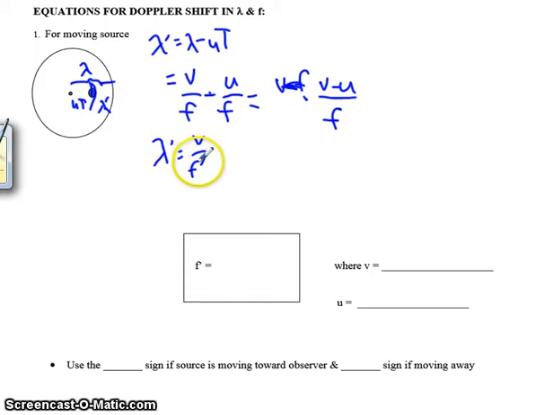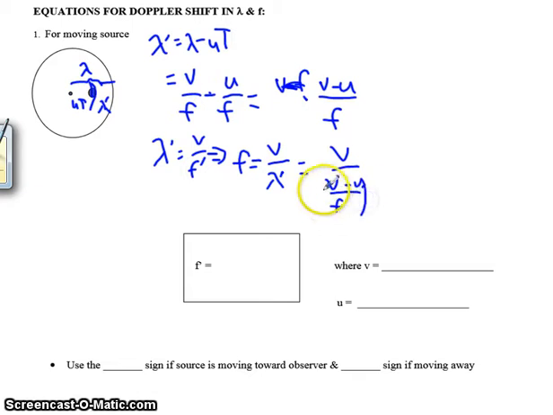So if we solve for f prime, we see that f prime is nothing more than v divided by lambda prime, and if lambda prime we already established is v minus u all over f, this becomes v divided by (v minus u all over f). Now we can simplify that. The f in the denominator of the denominator flips up to come on top, the v minus u stays on the bottom, and we have f prime equals f times v, all divided by v minus u.